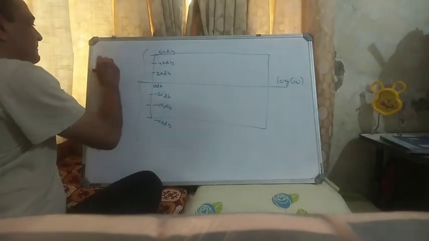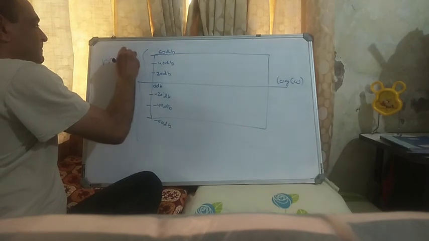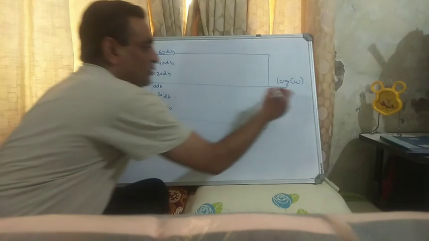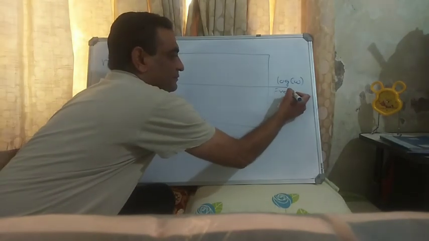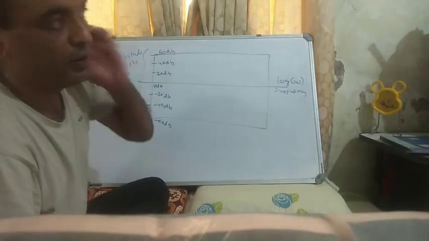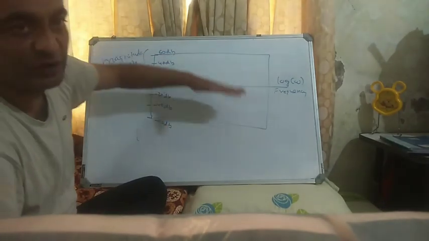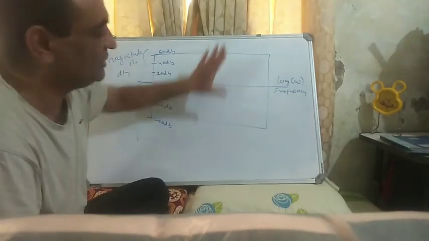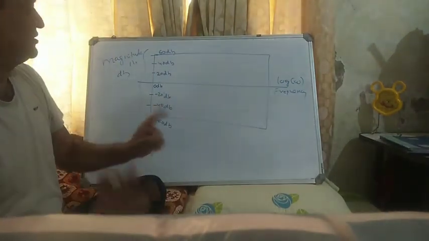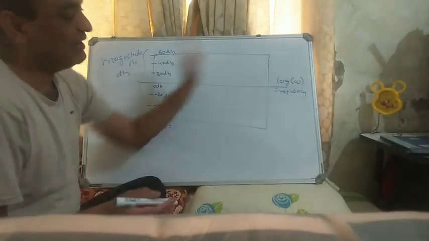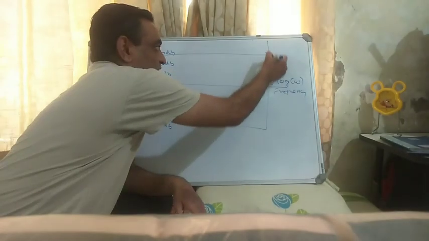So this is the magnitude in dB. This axis is frequency. The frequency axis is common because we have magnitude versus frequency and phase versus frequency. So there are three axes: the magnitude axis, the frequency axis, and on the right hand side I can draw the phase axis.